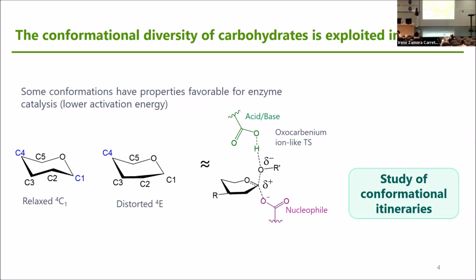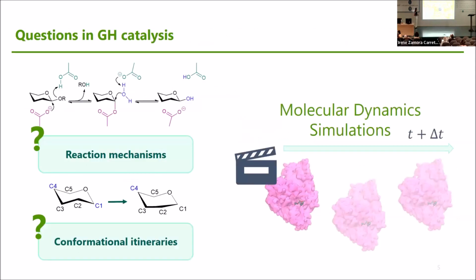So studying the conformational itineraries, so the different conformations that the substrate adopts along catalysis, is of relevance for the field also to study how we can design better inhibitors, or better activity-based probes for our enzymes. So to sum up, the two main questions that we want to answer in glycoside hydrolase catalysis are: what are the reaction mechanisms of our enzymes, and what conformational itineraries do our substrates undergo?